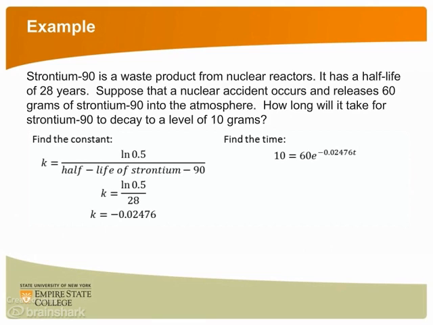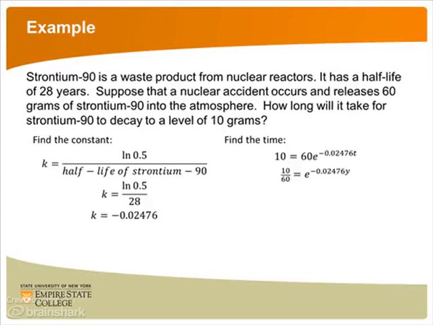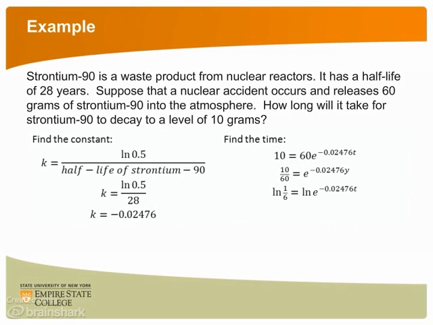We can plug this information into the general form for exponential decay, along with the constant K that we just found. Divide by the initial amount, 60, on both sides of the equation. Take the natural logarithm of both sides of the equation. For this problem, we leave the division as a fraction to maintain precision.